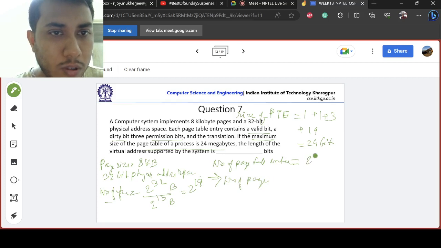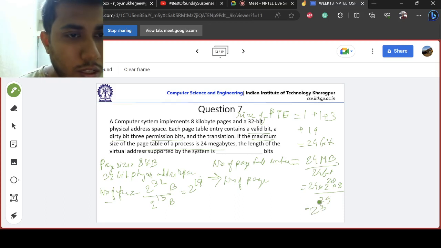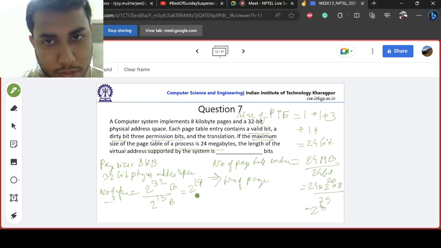So it will be 24 MB divided by 24 bits. So it will be 24 into 2 to the power of 20 into 8 divided by 24. So it will come down to 2 to the power of 23 pages, right? 2 to the power of 23 pages.